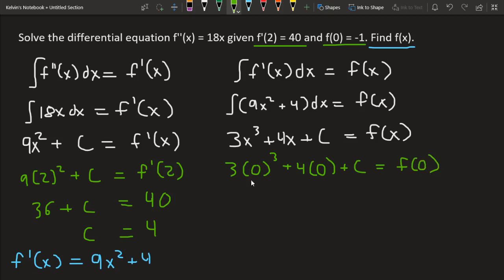And this would be 0 plus 0. c is equal to, and f of 0 can be replaced with negative 1. And with that information, our particular solution is f of x is equal to 3x cubed plus 4x minus 1. This is our particular solution.